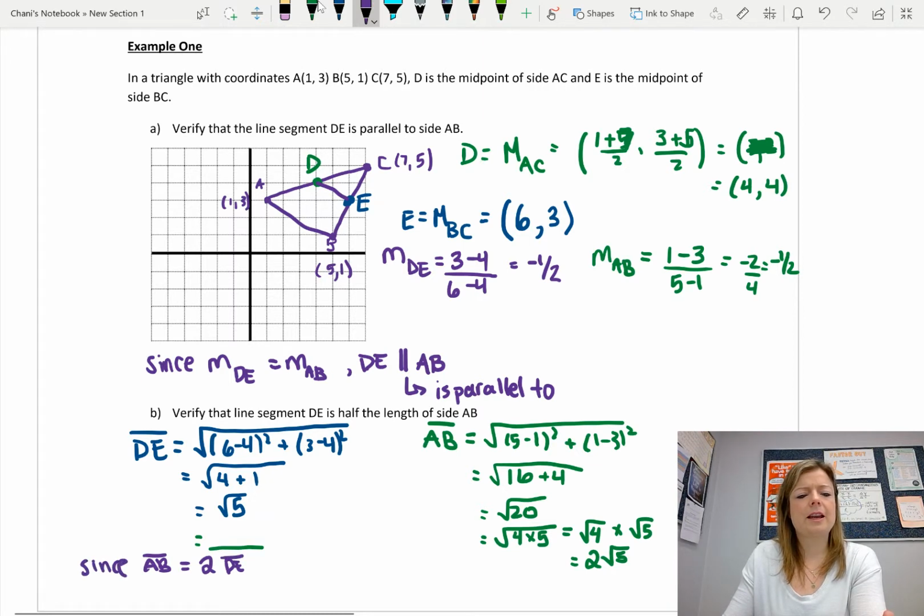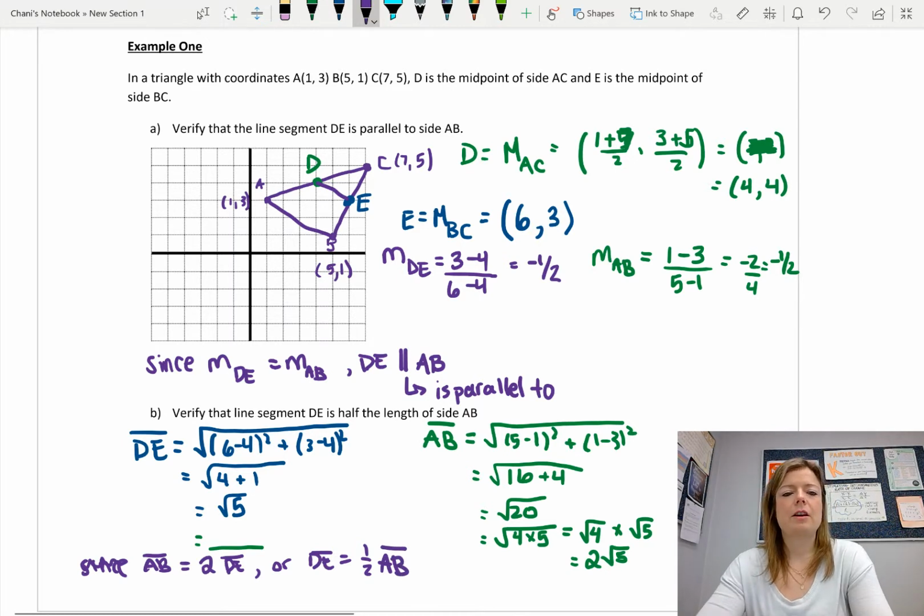So since AB is twice DE, or actually we don't need to say since. We can just kind of show that, or we can say that DE is equal to 1/2 AB. Okay, because it's clear in their lengths. All right, so there we have a triangle example.